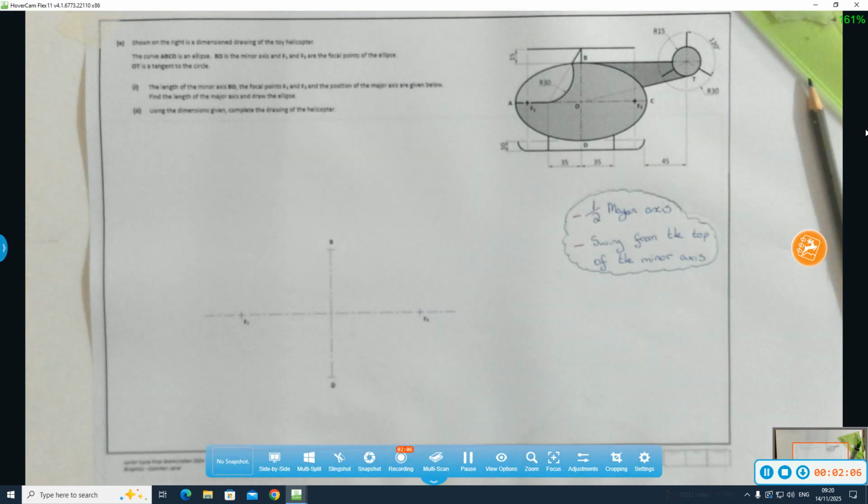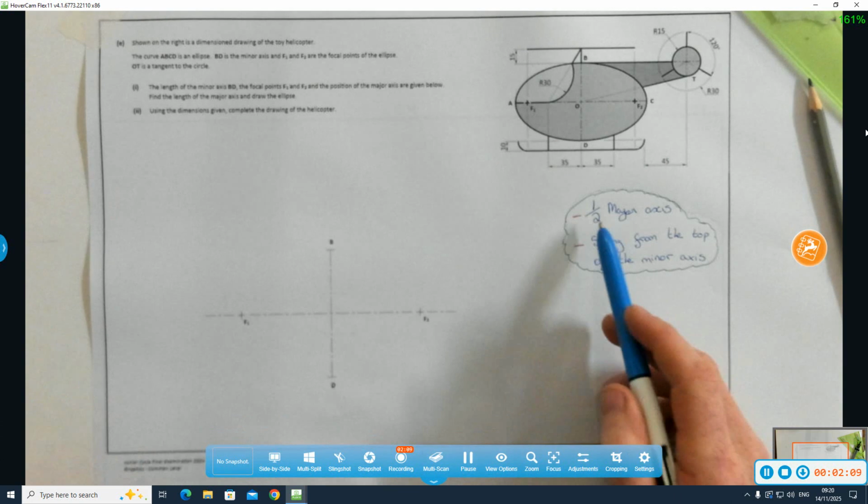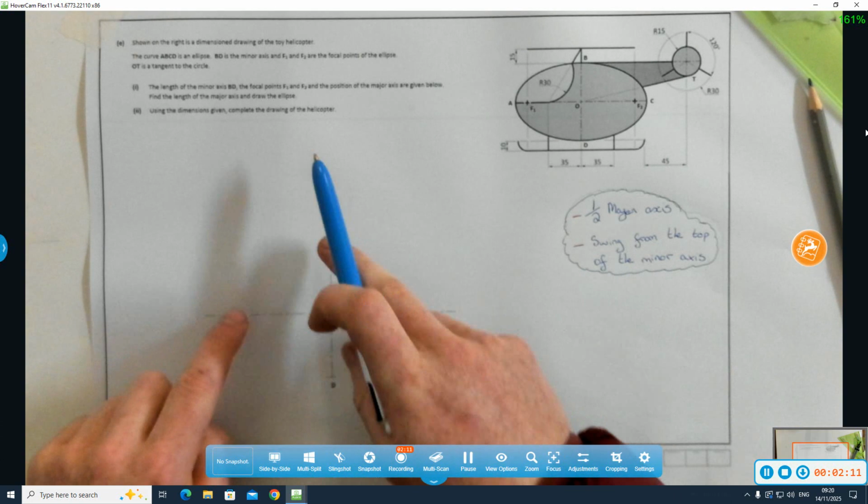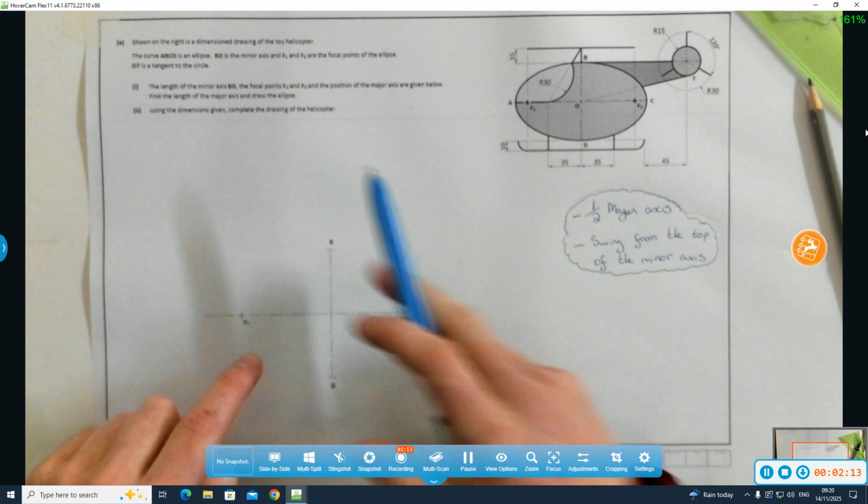So if we have the major axis and the minor axis, you get half the major axis on your compass, swing it from the top of the minor axis, and that gives us our focal points.